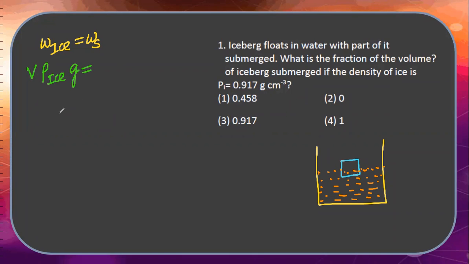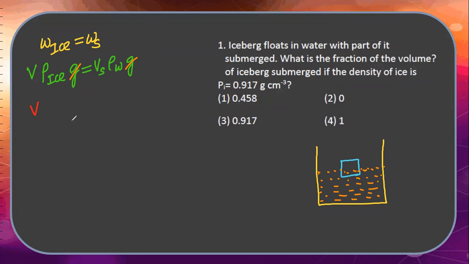How much water is displaced? It is equal to Vs, the volume of the submerged part. An equal volume of water it will displace. So Vs into the density of the water, since it is displacing water, into acceleration due to gravity. Both sides will cancel g.